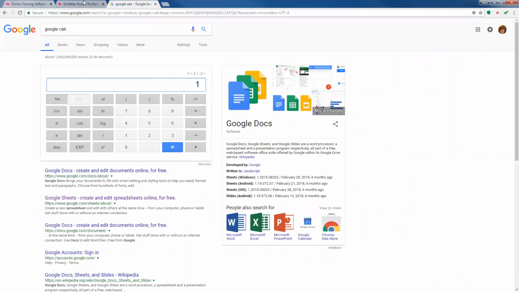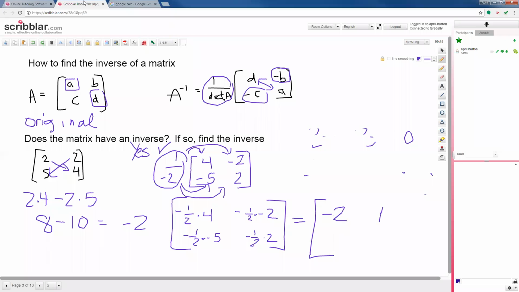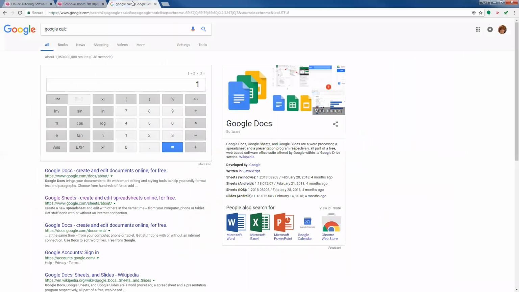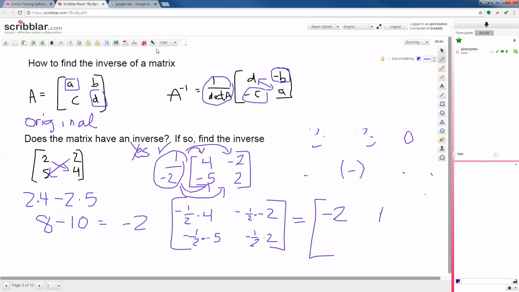Some calculators will have a little sign that's negative with parentheses around it. So on a calculator like that, you would use this symbol to make a negative versus using the subtraction to actually do subtraction. So depends on what calculator. Everyone will have a different calculator, so it's hard to give the instructions for each kind of calculator.